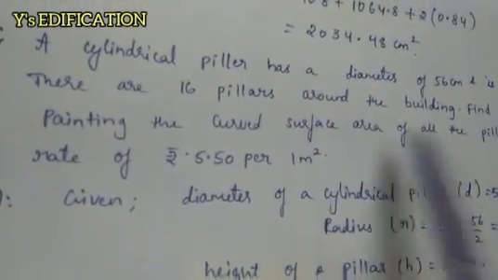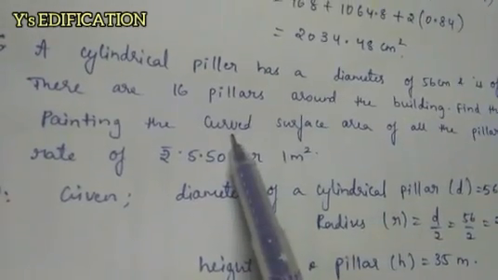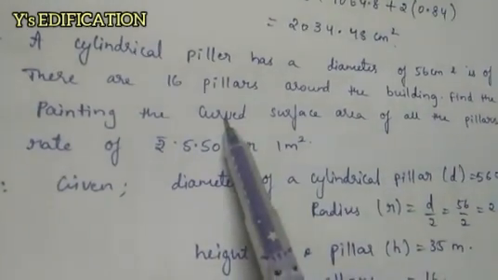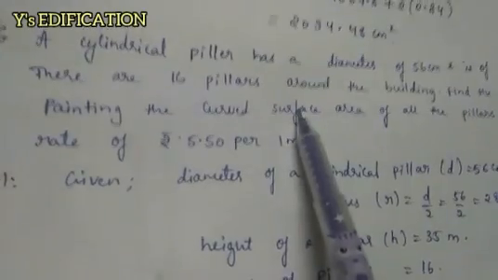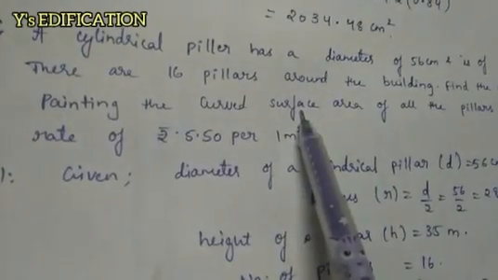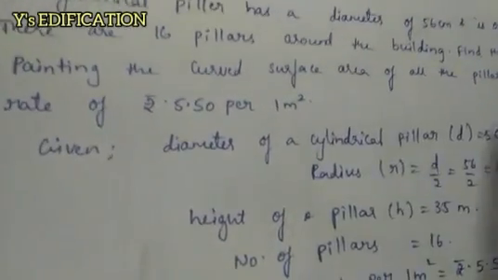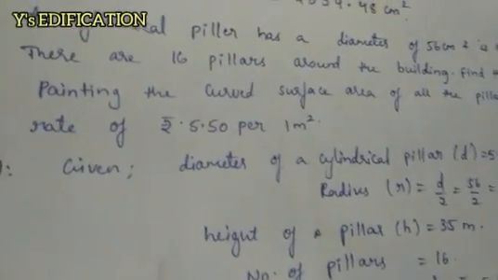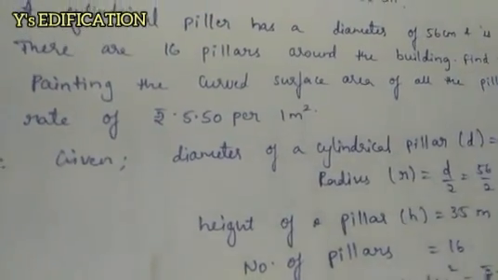Okay. What we have to do first, we have to find out the curved surface area of one pillar. Okay. After finding the curved surface area of one pillar, we can multiply the answer with 16. Then we will get the total rate of whole 16 pillars painting.